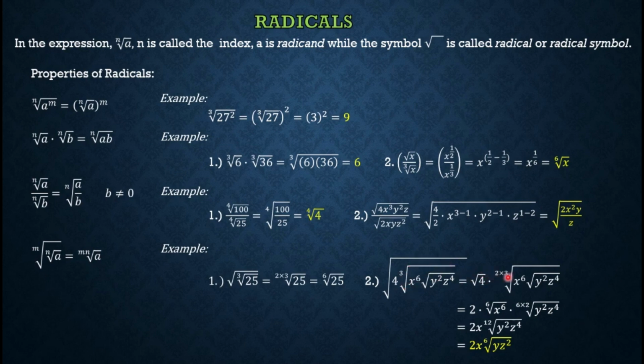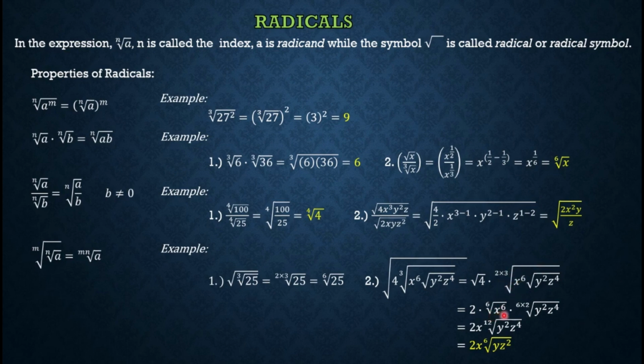So 2 times 3, then square root of x to the power 6, then square root of y squared and z to the power 4. So our solution here is just six. Then next is equal to 2 times the 6th root of x to the power 6. So when we get here, it is not right, 2 times 3 is 6. Then it becomes the 6th root of x to the power 6.